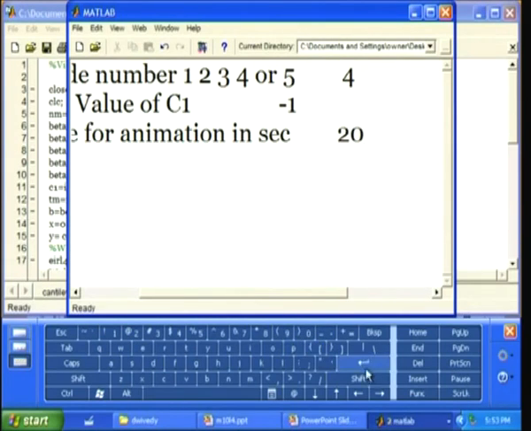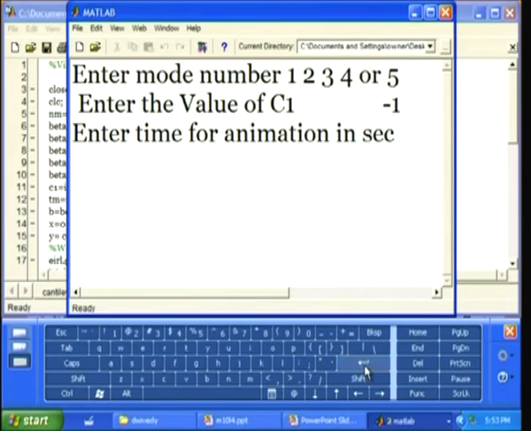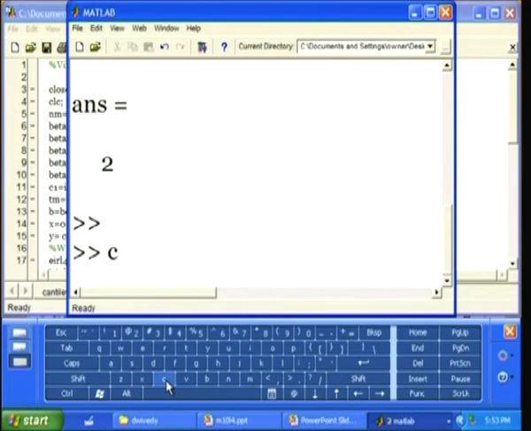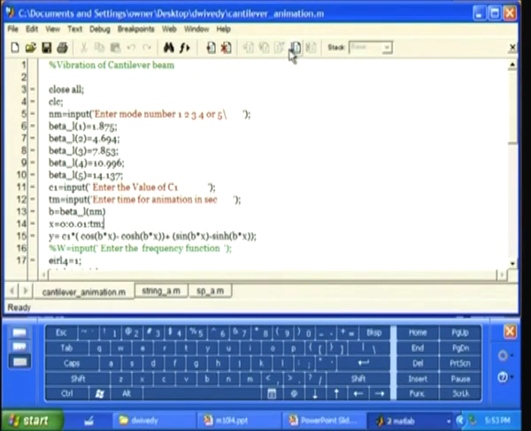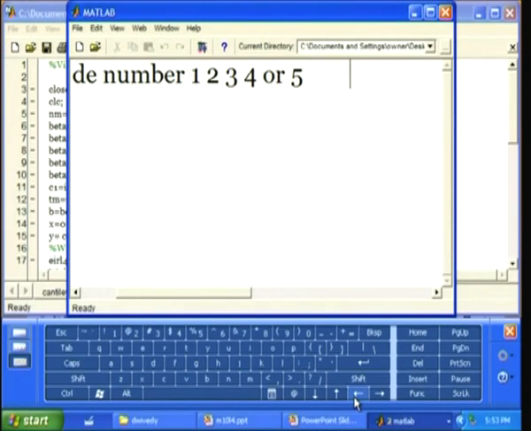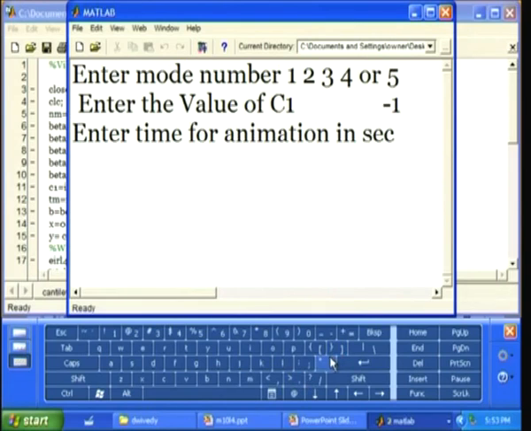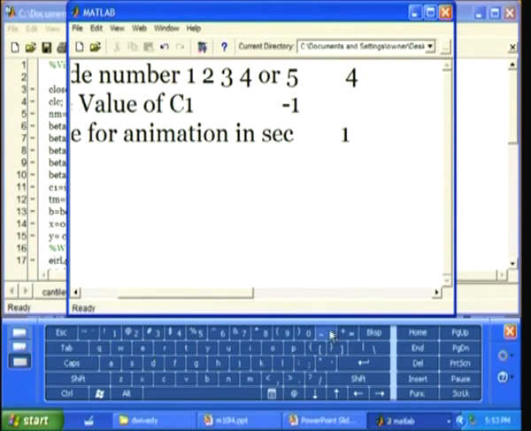I am putting the constant C1 equal to minus 1, and the time for animation as 10 seconds.